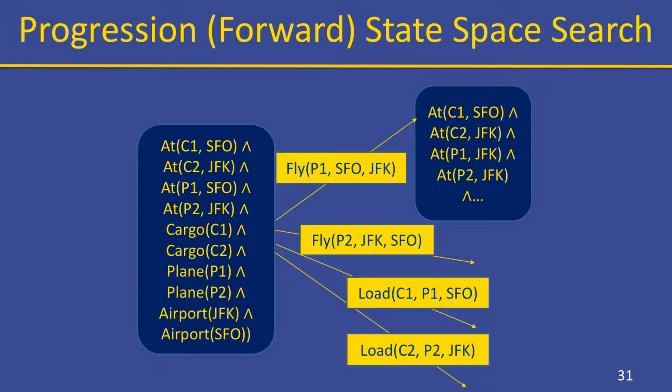Or load C2 P2 JFK. All of these are applicable actions. And we keep building our search tree by applying actions and computing successor states. And we are hoping that one of our successor states will be a goal state, will entail the goal. So we may have to do that for a while.